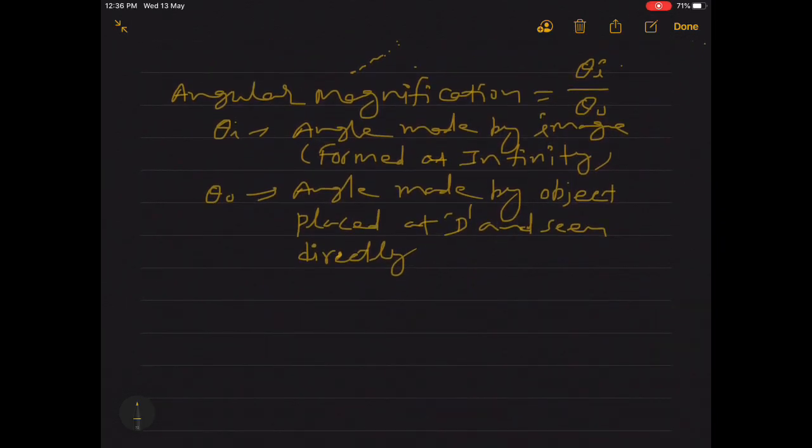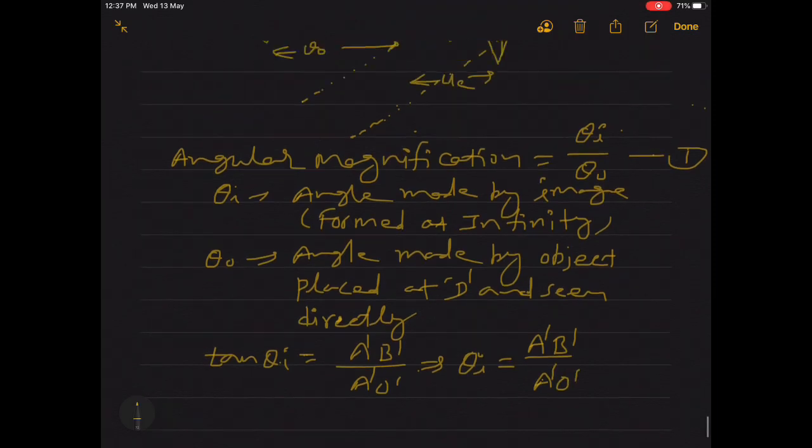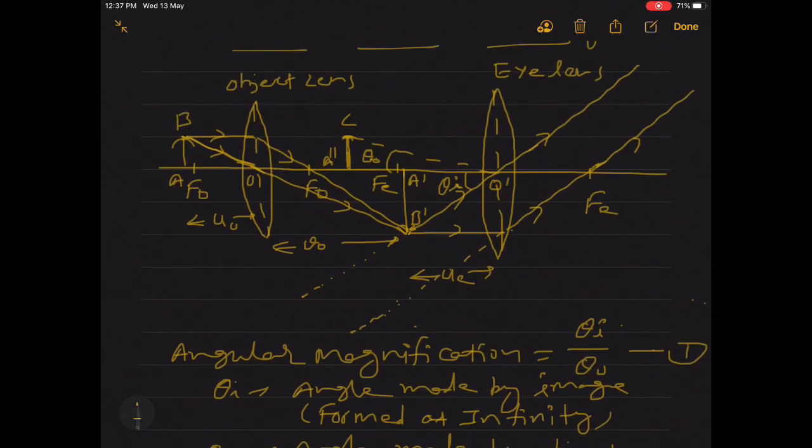So this is equation number 1. So tan theta I is equal to A dash B dash upon A dash O dash, which implies theta I is equal to A dash B dash upon A dash O dash. We are taking it from the triangle A dash O dash B dash.